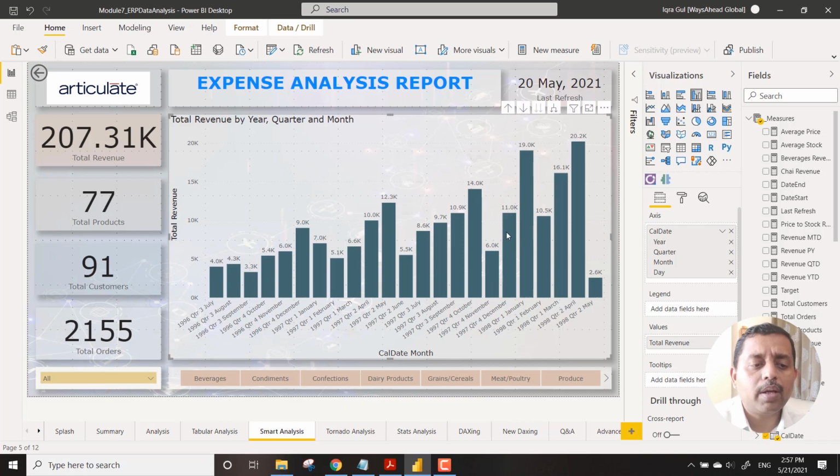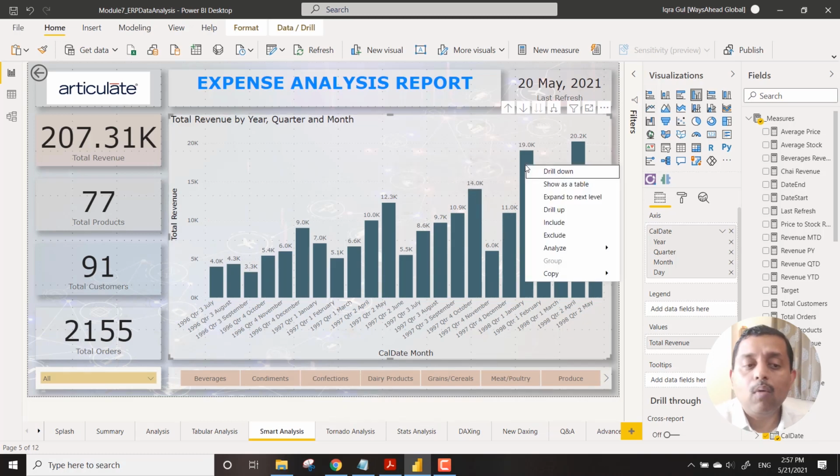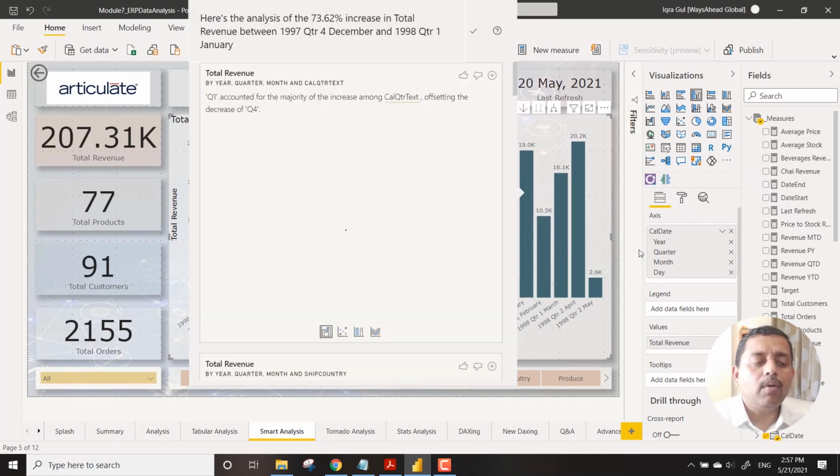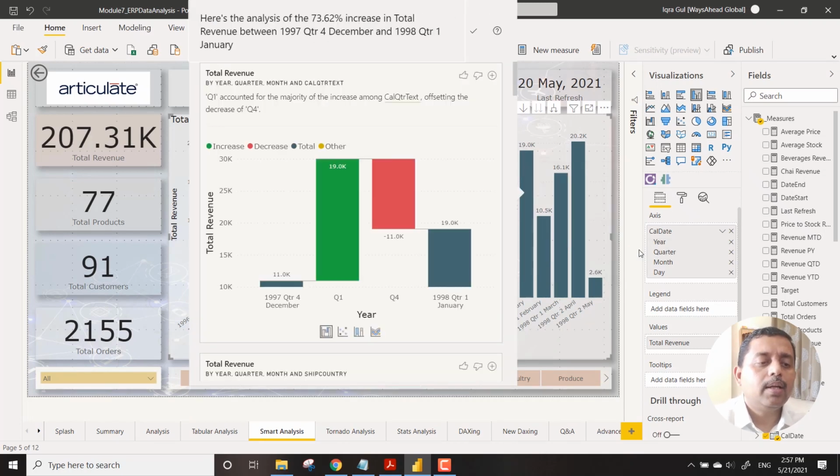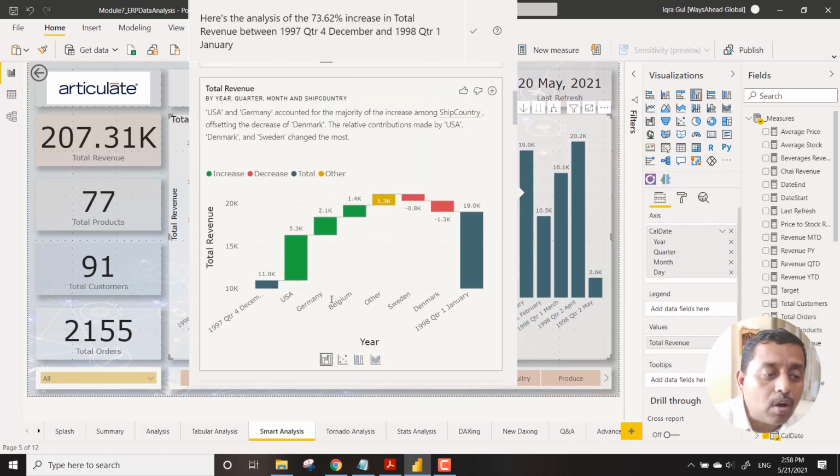A similar thing happens over here, 11 to 19K. One we saw the decrease and one we saw the increase. It shows that in the quarter there were different spikes. Country-wise, the US showed the highest increase, followed by Germany. If you remember, in the decrease also, US and Germany showed a similar trend.